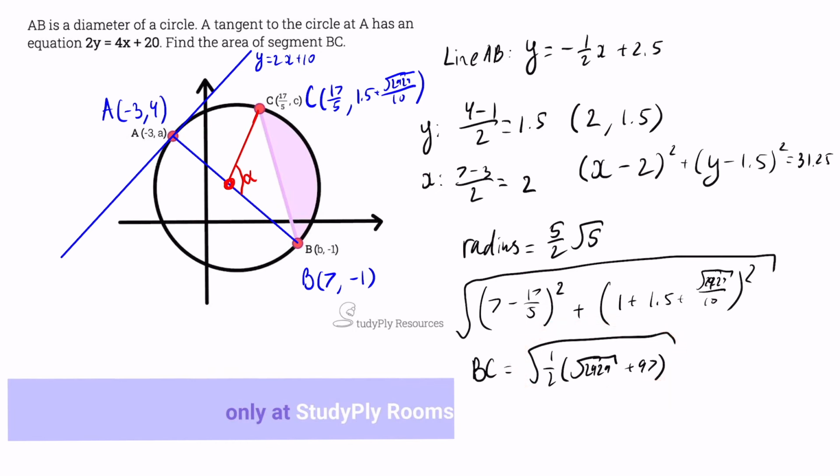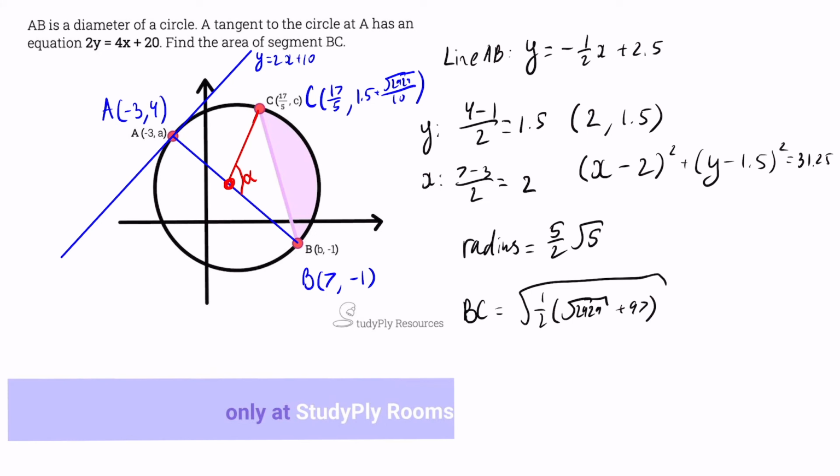Now finally, we can figure out the angle alpha by using the cosine rule, which, as you remember, is a squared equals b squared plus c squared minus 2bc cos A. Our a is BC, and for me not to write this whole thing out, I'll just write it as BC squared equals b squared plus c squared, which is just the radii.